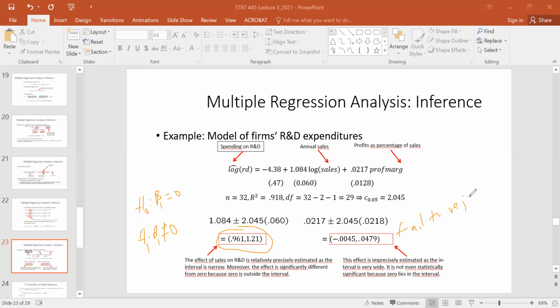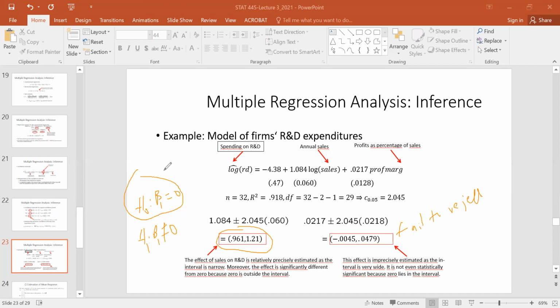Think about it. I'm hypothesizing that beta 1 is 0. Now, a confidence interval for beta 1 contains 0. So I cannot be rejecting this; it doesn't make sense. I'm hypothesizing that it is 0, I constructed a confidence interval which is supposed to contain the true value, and that confidence interval contains 0. So I cannot reject H naught.